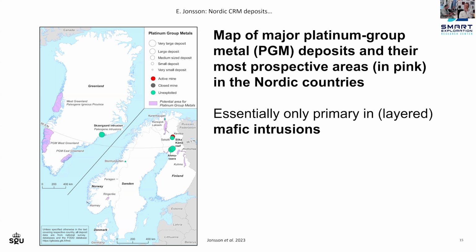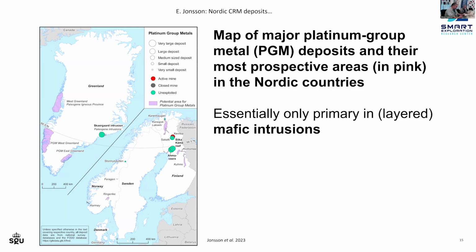The only mining taking place today is in Finland, in the north, as you can see, specifically in Kevitsa mine. But there are also a number of other layered intrusions with potential up there. In addition to the platinum group metals, these deposits often contain some relevant amounts of other elements, including noble metals such as gold.